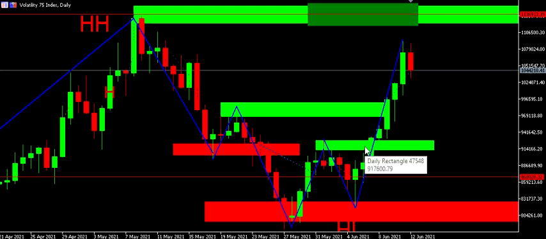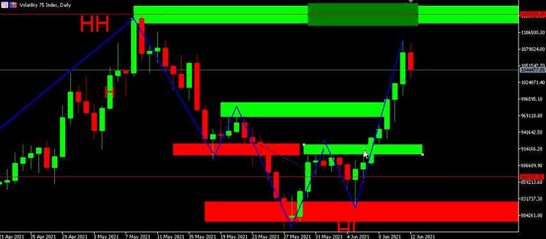So we have a zone here, a very important zone around here, where we have initial support turning to resistance.